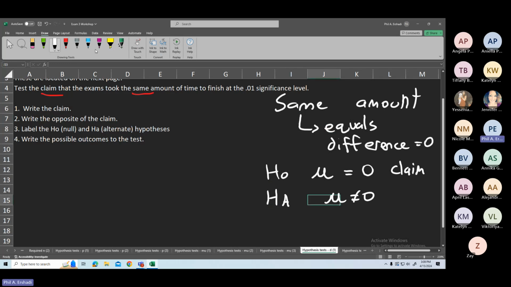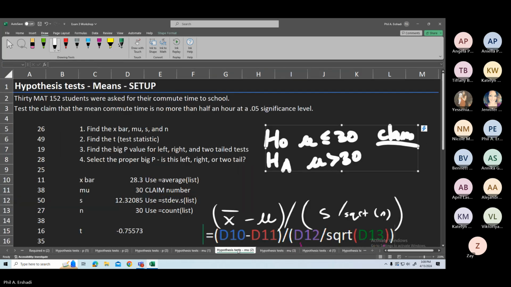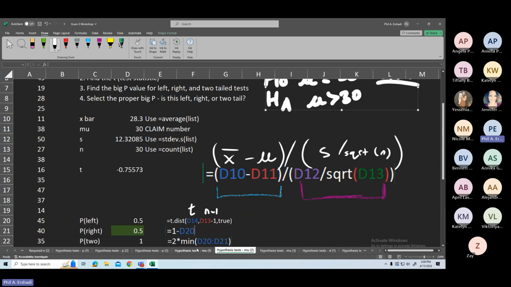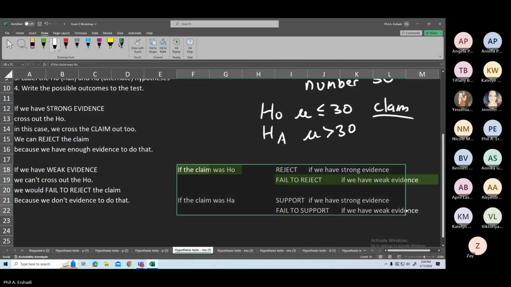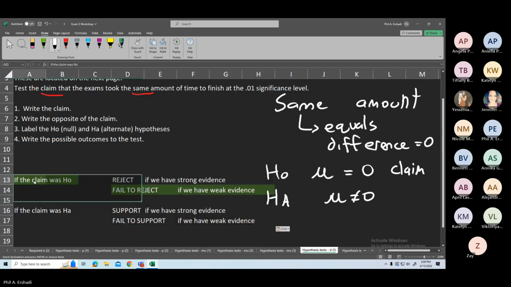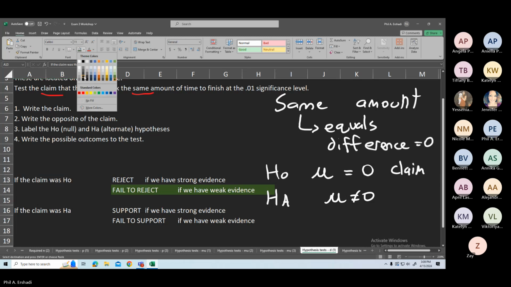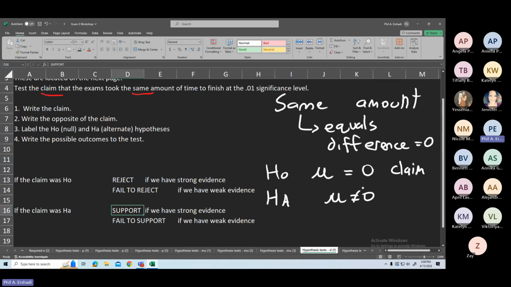And let's think about the possible outcomes. Again, I'm going to copy the table from here so we can think about the possible outcomes. Let me just remove the coloring from this. So we've just said our claim is null.